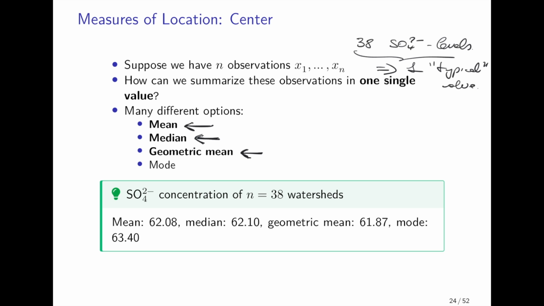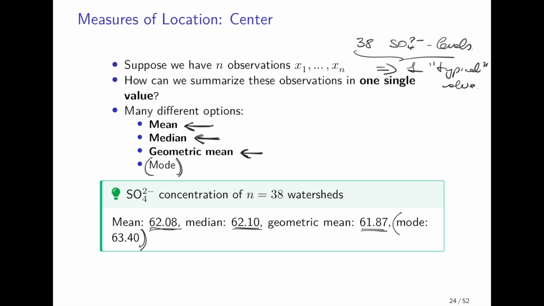And just as an example here, if we take the sulfate concentration of our 38 watersheds, and if we calculate the mean, we will get 62.08 micromolars per liter. The median will be 62.10, and then the geometric mean will be 61.87. We will not cover the modes, so you can ignore that for now.